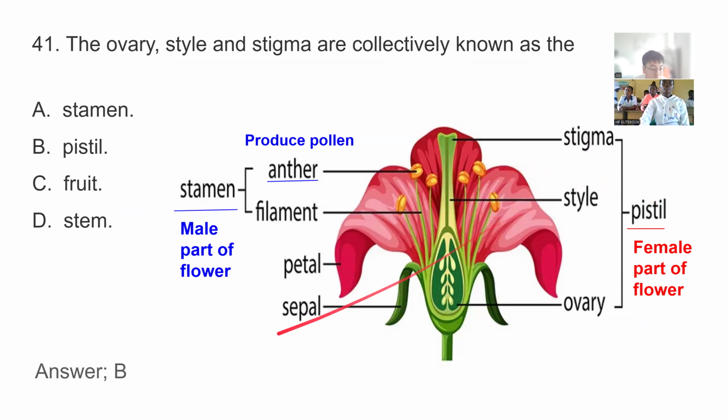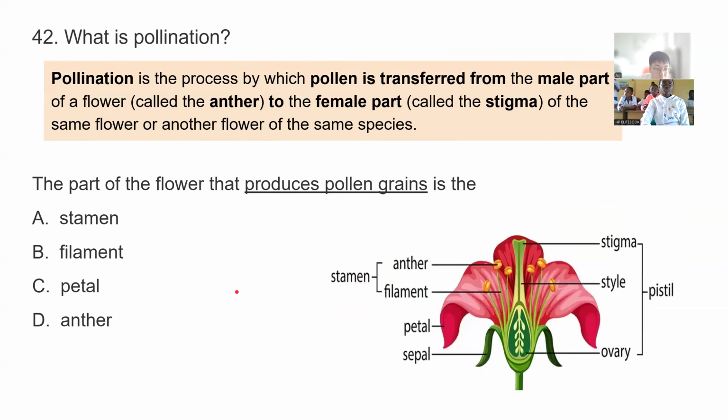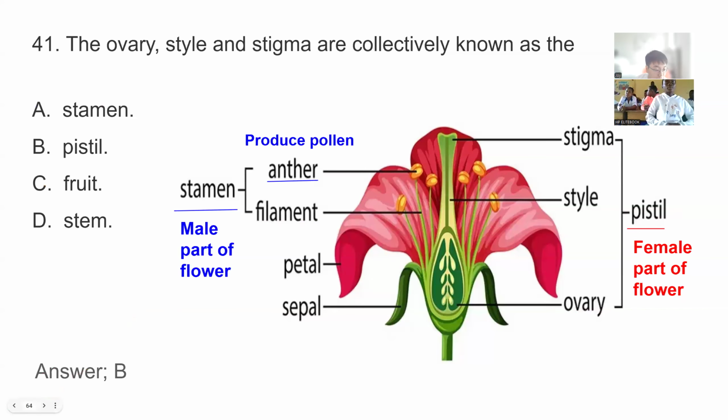So here, cross pollination, if you're talking about pollination, basically occurs when pollen is produced by the anther. And if it is crossed by another plant, then this pollen travels to another flower.